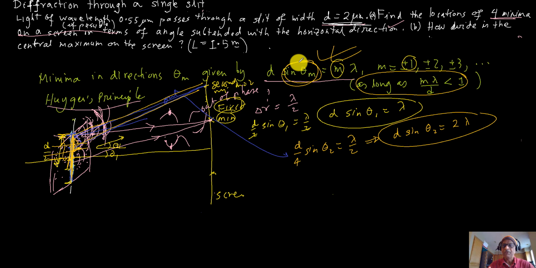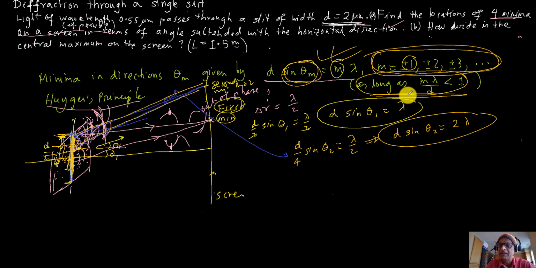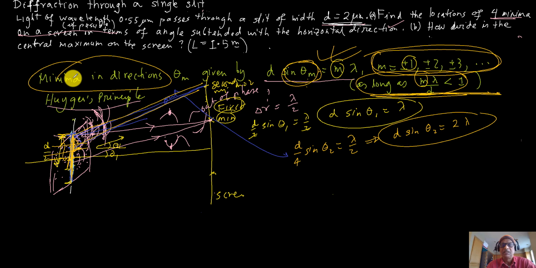To recap, make sure that you understand that this m is not open-ended. Plugging in whatever values of m into this formula will make sense only as long as m does not violate the condition that sine theta m has to be less than 1. And this only gives me minima.